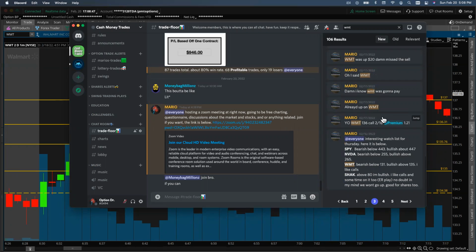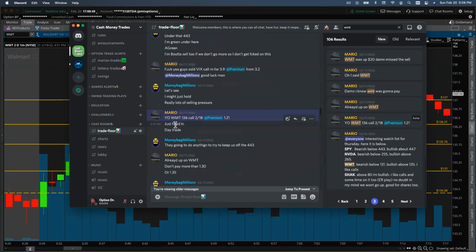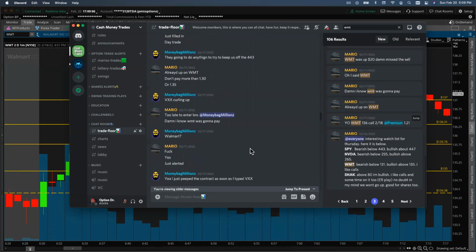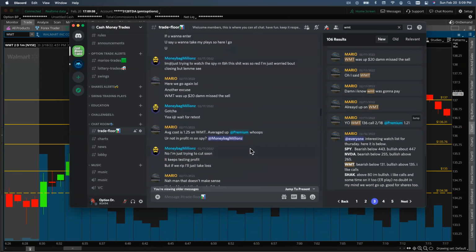Looking back at the alerts, guys, if you see this thing right here, it says Walmart 136 call for February 18th expiration. I filled out at 1.21 on this call option. So this was the entry. We entered at 1.21, and then I exited.